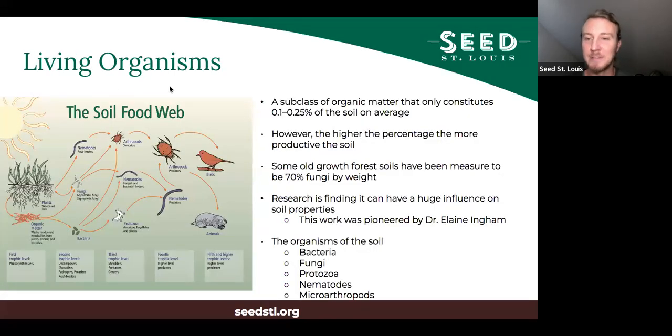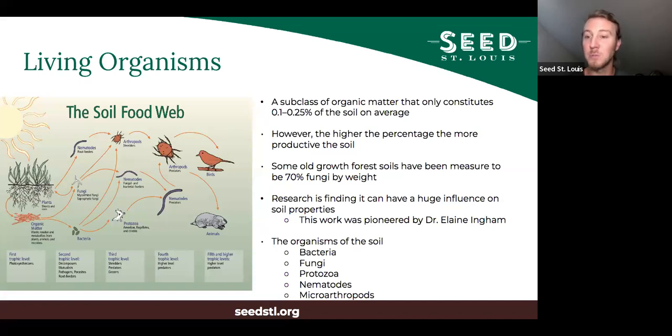These living organisms, that's 0.1 to 0.25% of the soil, are surprisingly important, as researchers are finding out. Generally speaking, the higher the percentage of your soil that is made up of these organisms, mostly microorganisms like bacteria, fungi, protozoa, and nematodes that you see listed at the bottom of the slide, the higher your yield and the more productive the soil.